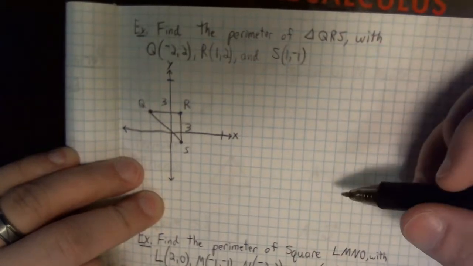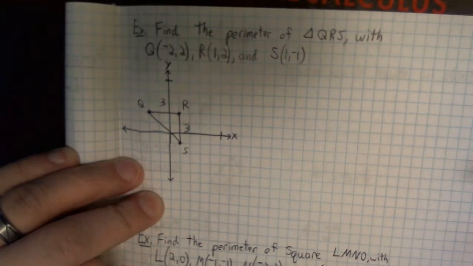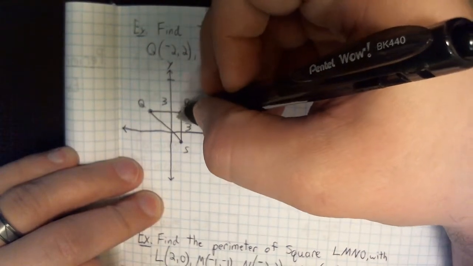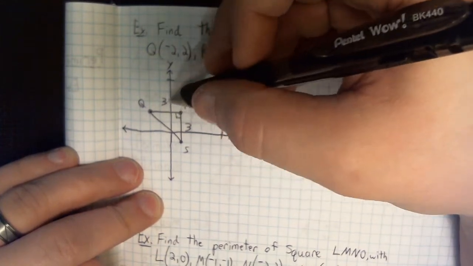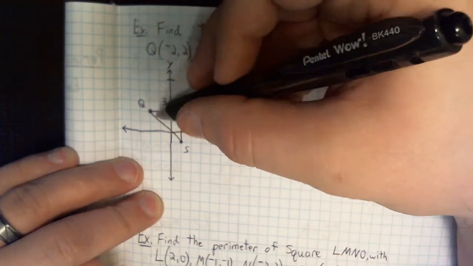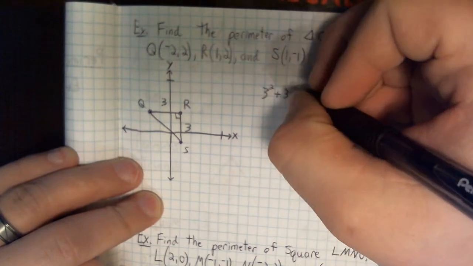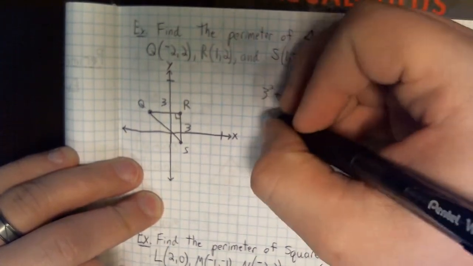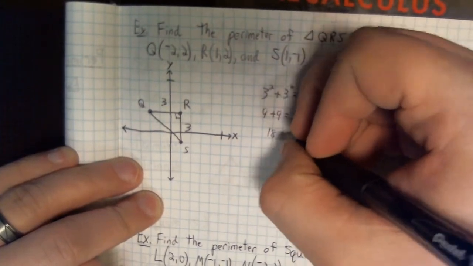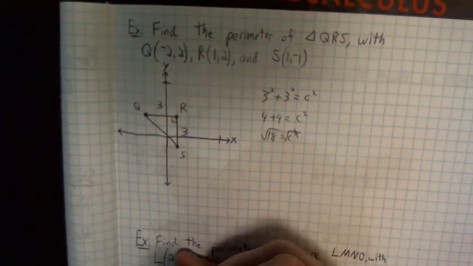Now, you can use the distance formula to find QS. You can plug in your x1, y1s and x2, y2s, it's fine. We should also notice that we have a right triangle here, so we can just use the Pythagorean Theorem. We have a squared plus b squared equals c squared. The Pythagorean Theorem can save us a little bit of time. 9 plus 9 equals c squared. 18 equals c squared. We take the root, and let's round to the nearest tenth.